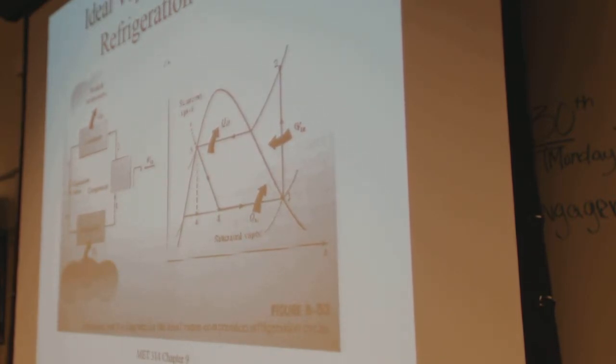And then the liquid comes through here, and it goes up to here as a liquid, and this is an expansion valve. And instead of having a turbine, we just let it go. So there's no work being done, it's insulated in theory, so there's no heat transfer going on.